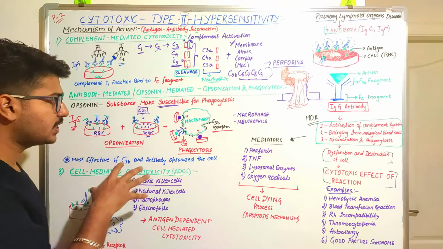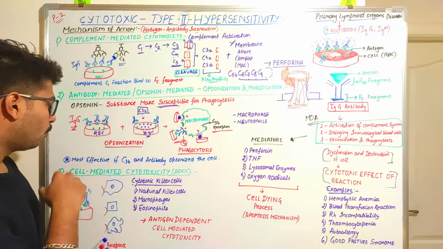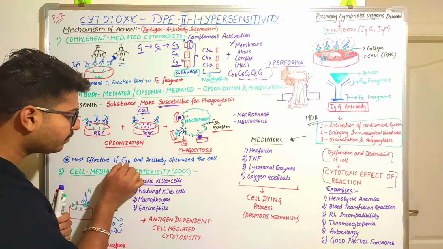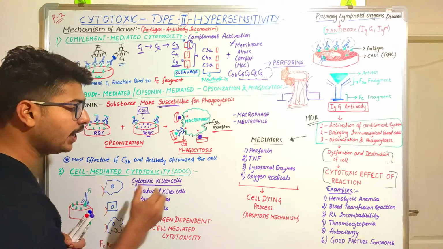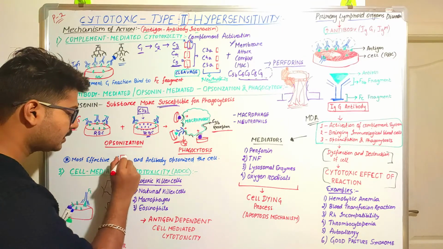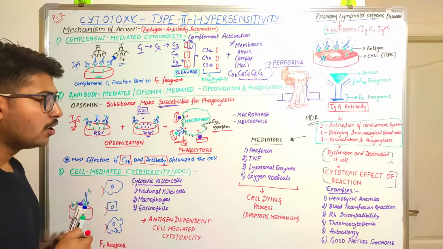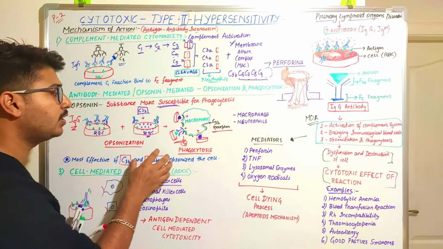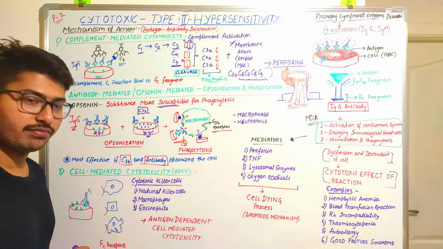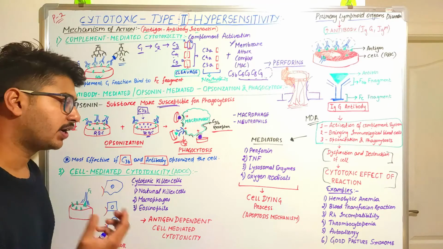This process of opsonization and phagocytosis will be most effective if both C3b and antibody opsonize the cells. If both components, C3b and antibody, are present as opsonins, then the process of cell lysis will be very effective.